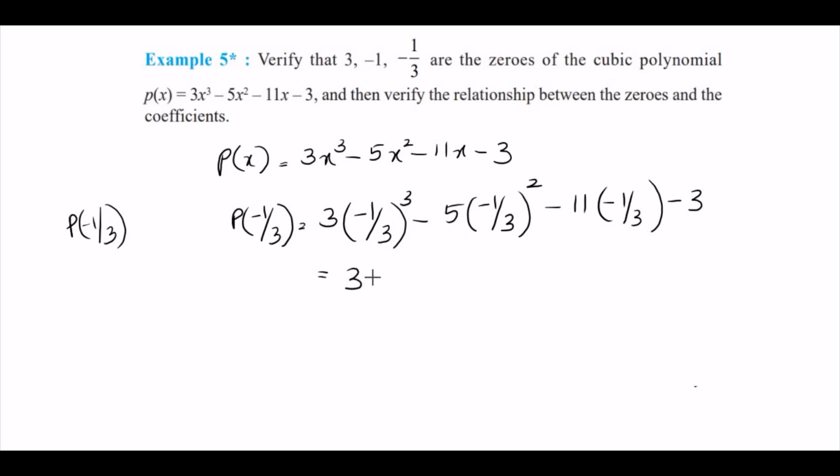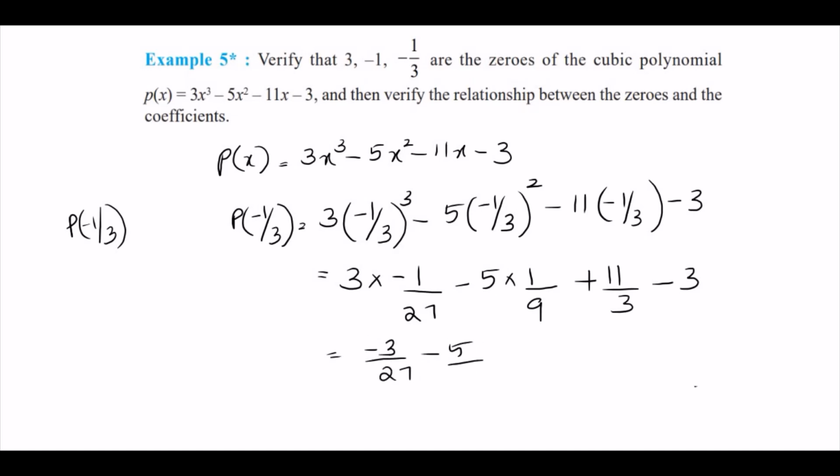That is 3 into, as it is odd, you get negative, that is negative 1 by 27, minus 5 into, as it is even, you get positive, that is 1 by 9. Minus and minus become positive, so 11 by 3 minus 3. So you can write it as negative 3 by 27 minus 5 by 9 plus 11 by 3 minus 3.